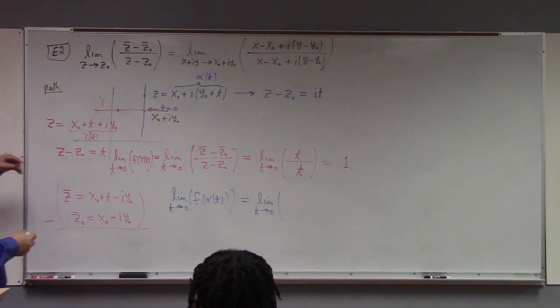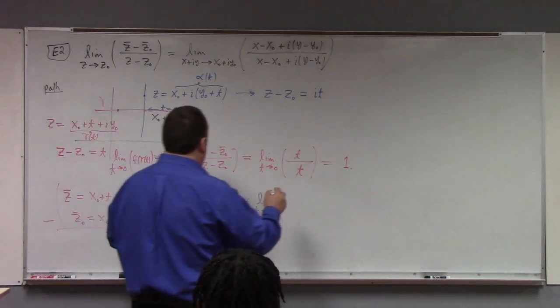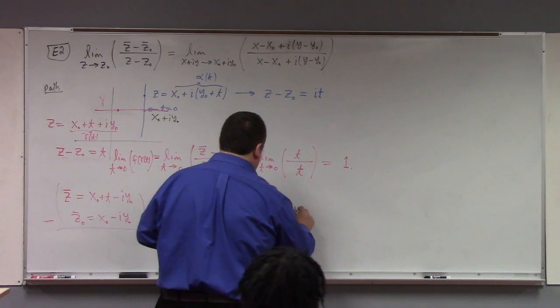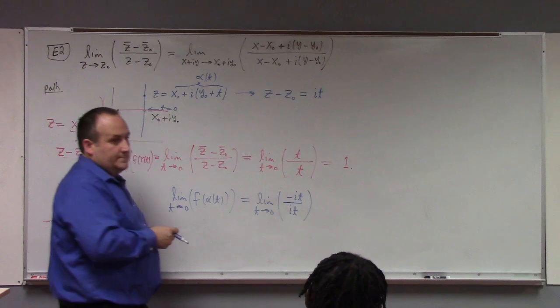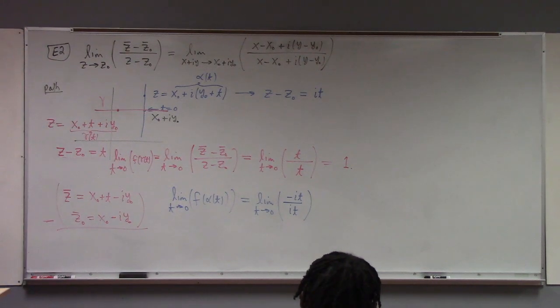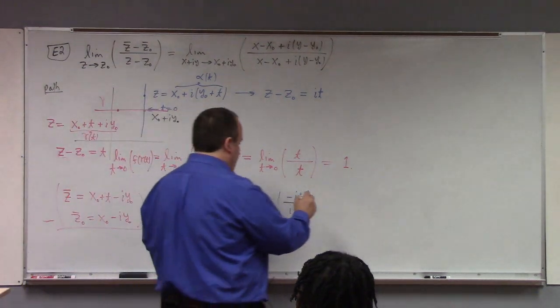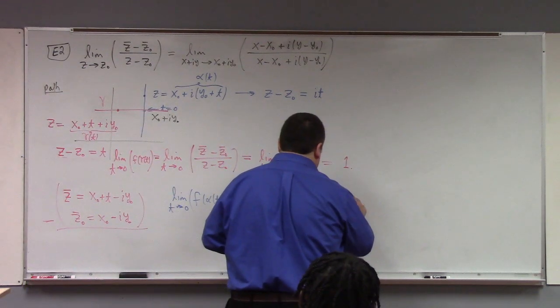See, if I plug that path into the function, I get z minus z naught is it, right? So I get it down here, and I get minus it upstairs, I believe. Again, the t's cancel, but this time we get a what? We get a minus 1.